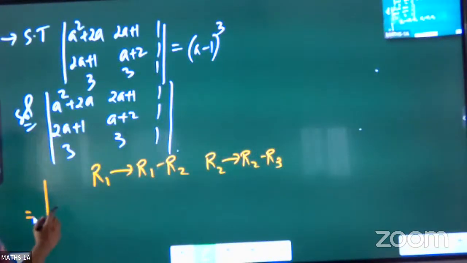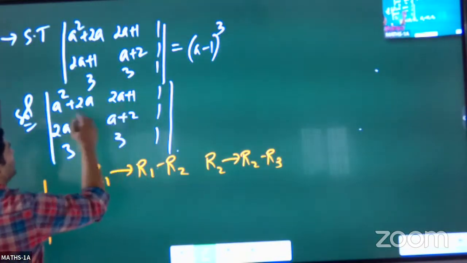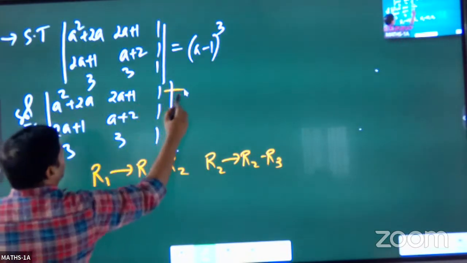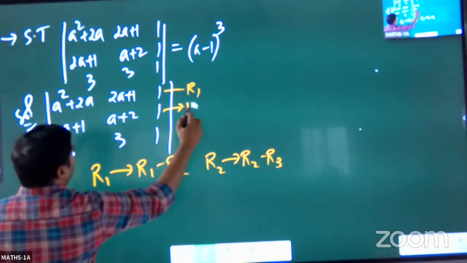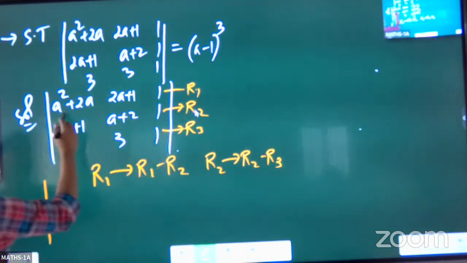What happens? Never do the calculation part inside the determinant. If you want R1 minus R2, this is your R1, this is R2, and this is your R3. So R1 minus R2. Have a look.